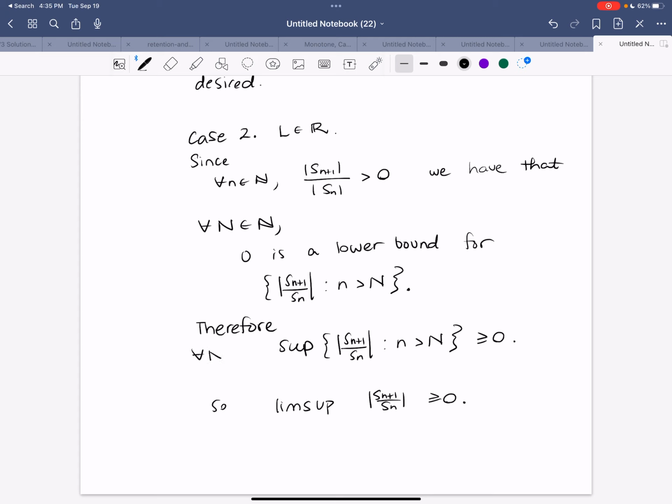And that's true for every n. So limsup is going to be bigger than or equal to 0.